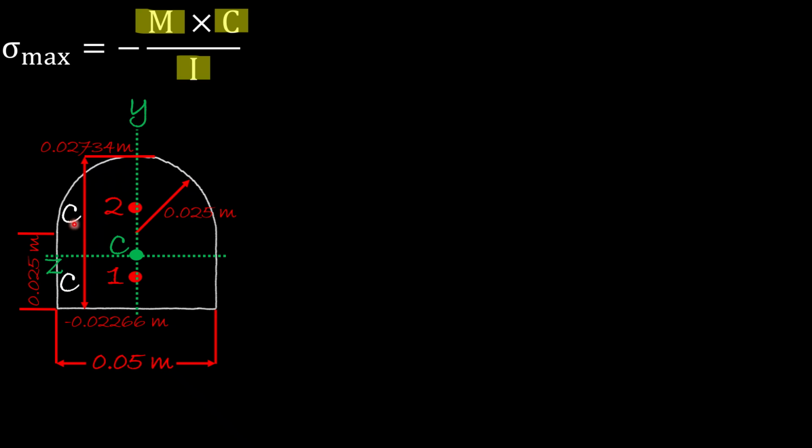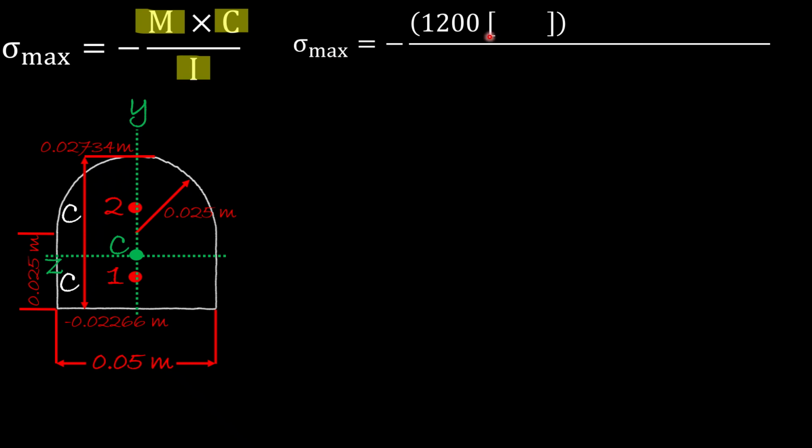So let's plug in the first C value of 0.02734. The moment we found to be 1,200 Newton times meter, the C is this one, divided by the area moment of inertia for the whole cross section.